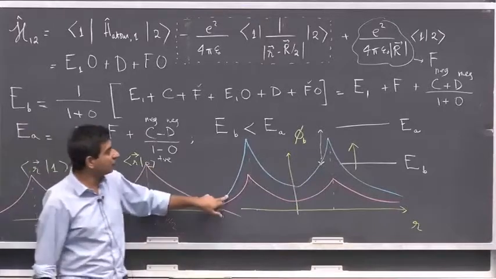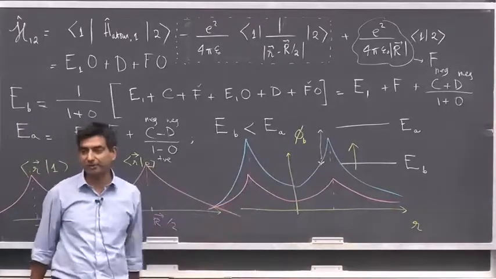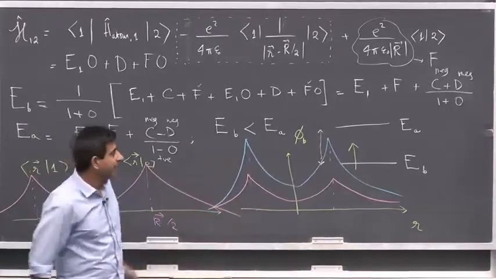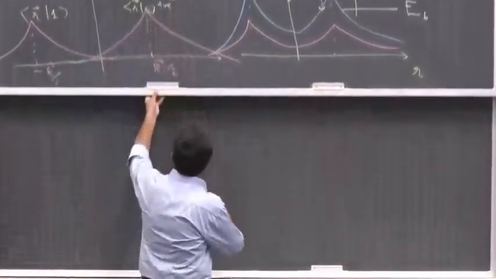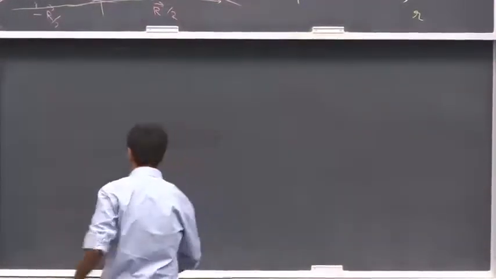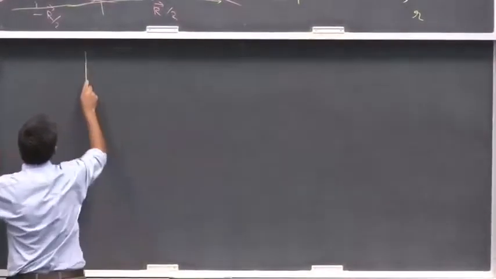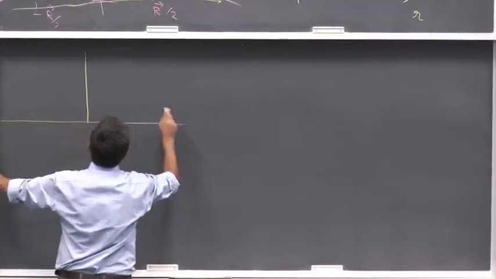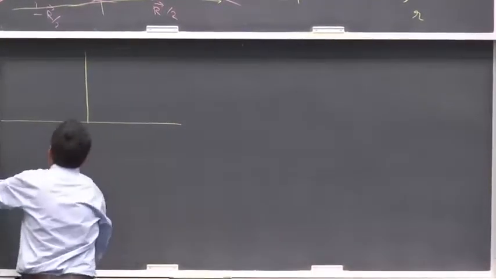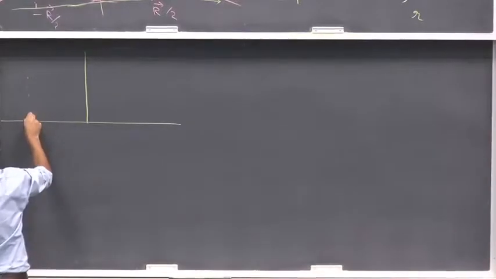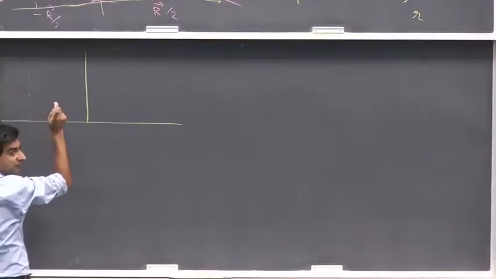We know that this is lower in energy. This configuration is lower in energy because we've just calculated it. In the anti-bonding molecular orbital, you have to take the difference between ket 1 and ket 2.